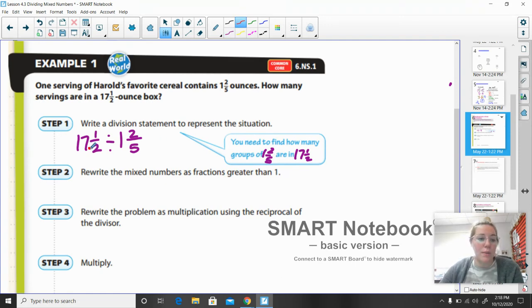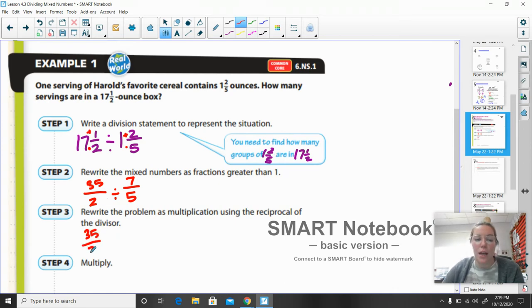Then the second step is to rewrite them as improper fractions. So 2 times 17 is 34, plus 1 is 35/2. And I'm still dividing because all I'm doing is changing these into improper fractions. 5 times 1 is 5, plus 2 is 7, so 7/5. Now I'm going to rewrite the problem as a multiplication using the reciprocal of the divisor. So I'm copy, dot, flipping.